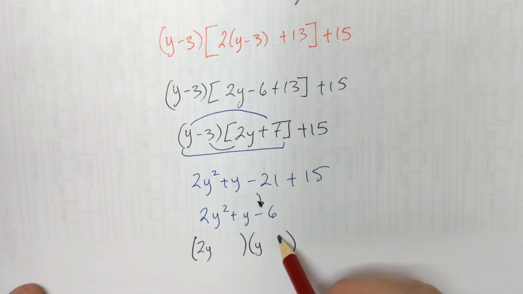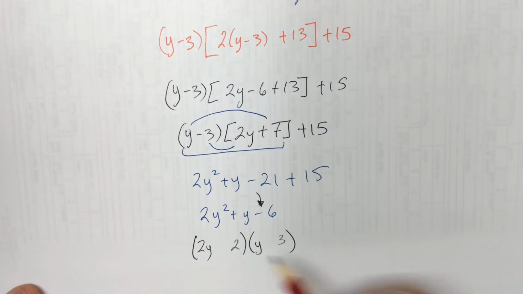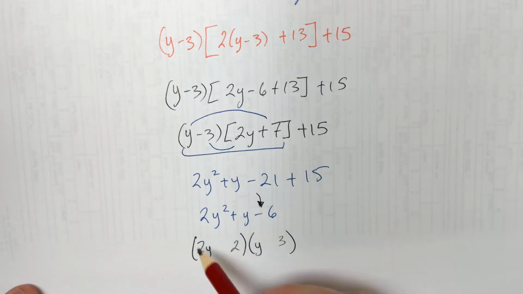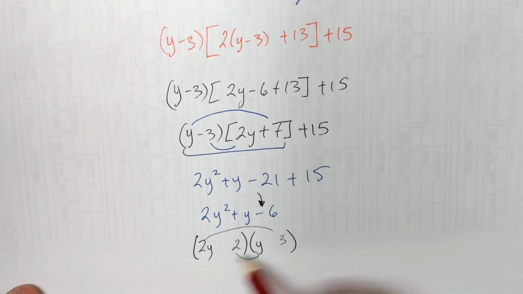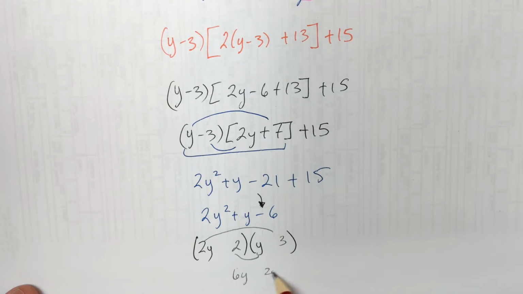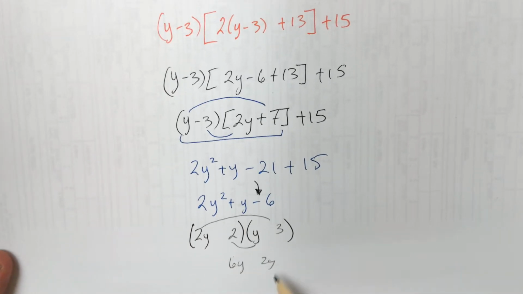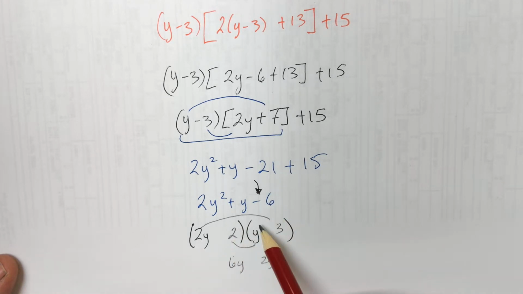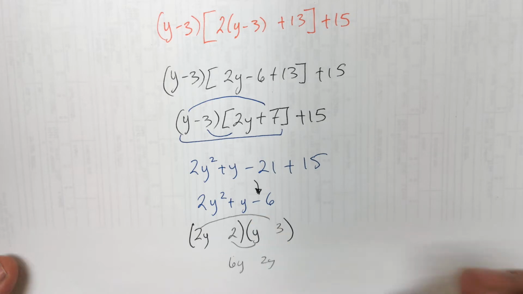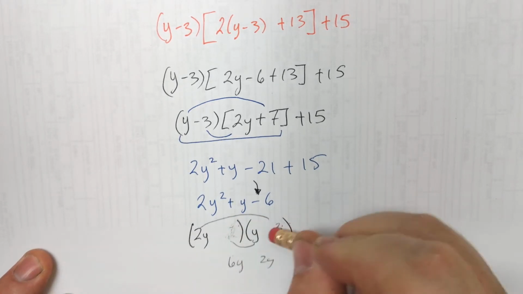I'm going to guess 3 and 2, and I'm thinking this isn't going to work, because this could be factored more. That's 6y and 2y. That makes 4, not 1, because the signs are different, so I subtract: 6 minus 2 is 4, and I need 1, so no good.